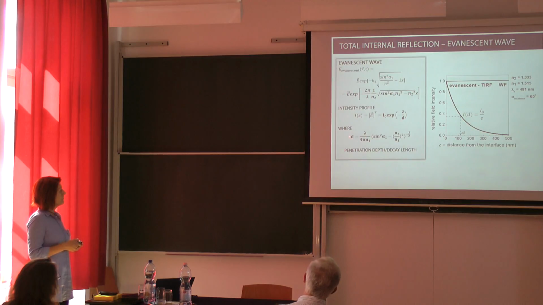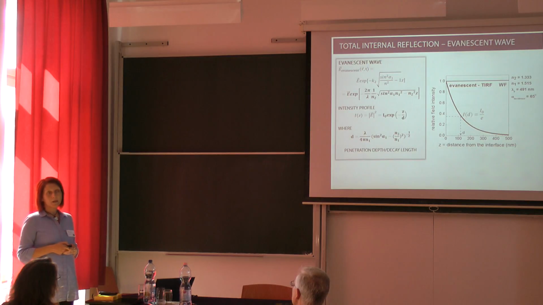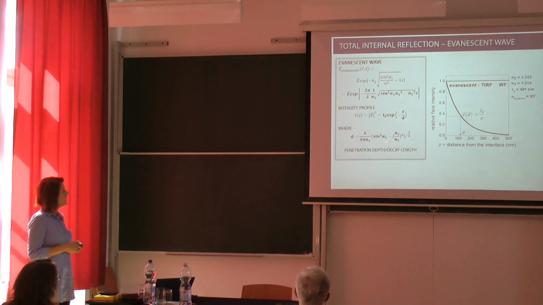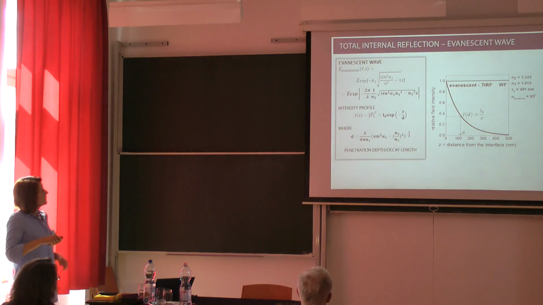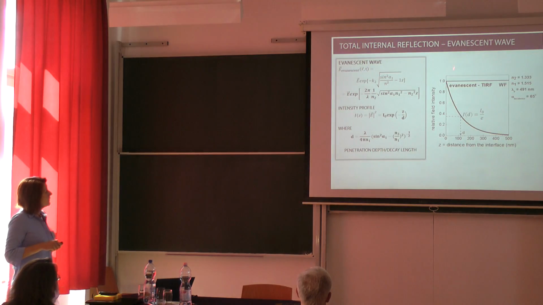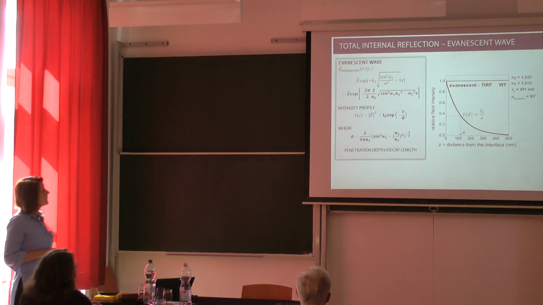The main thing is that the penetration depth can be related to the refractive indices of the two media, and also the angle of incidence. So this figure highlights the behavior of the evanescent electromagnetic field, how the intensity decays exponentially.